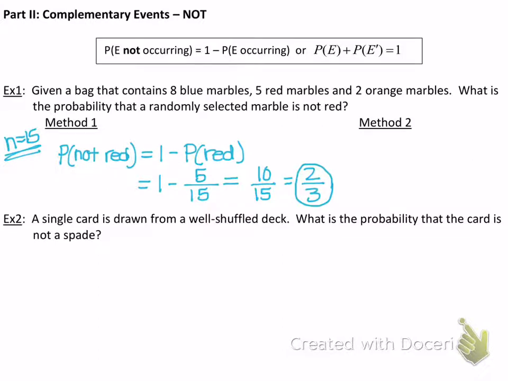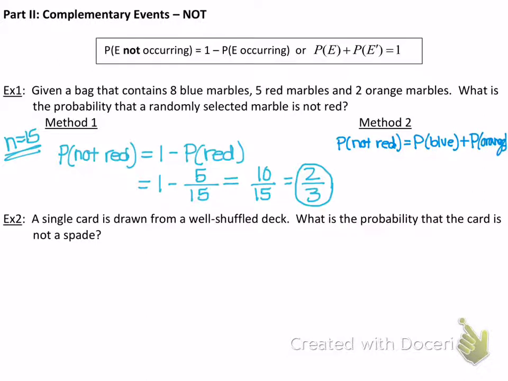Or, without using complementary events, you could take the probability of everything that's not red. So the probability of it not being red means it's the probability of it being other things. Well, we have blue, or the probability of it being orange.